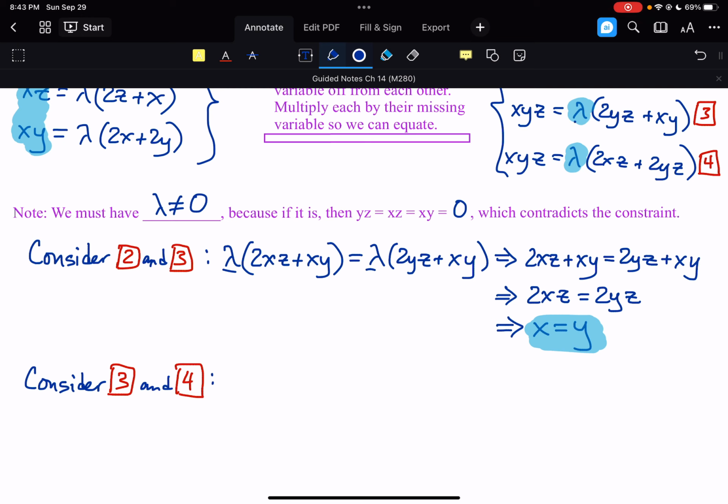Similarly, I'll just divide the lambdas away right away this time. So we get 2yz plus xy equals 2xz plus 2yz.